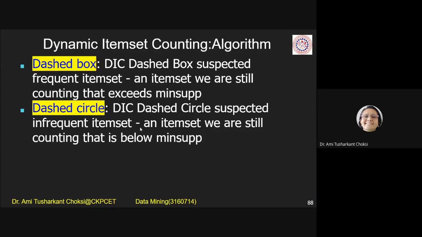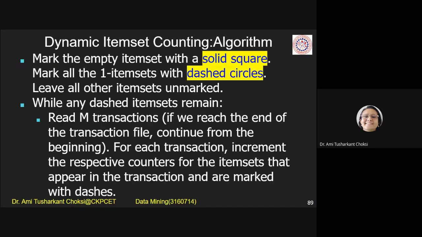Now using this, we'll be having the example. Mark the empty item set, with nothing in it, with a solid square or solid box.